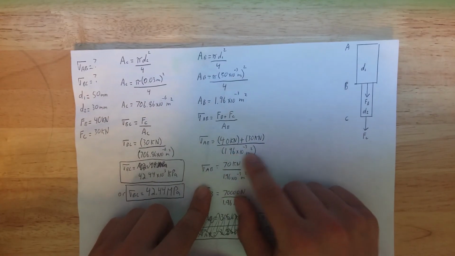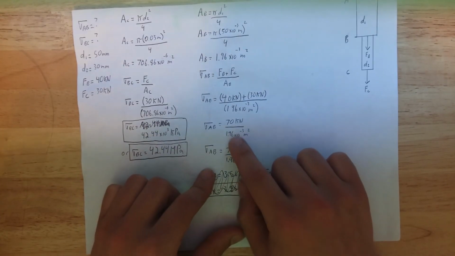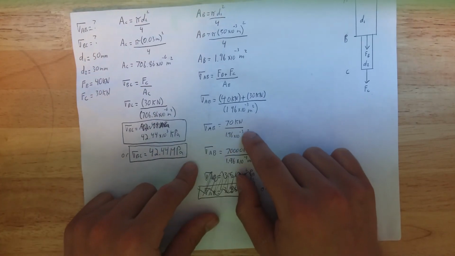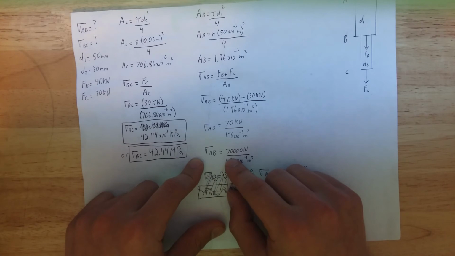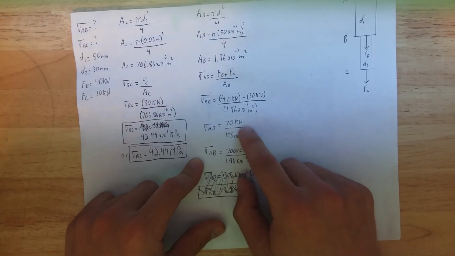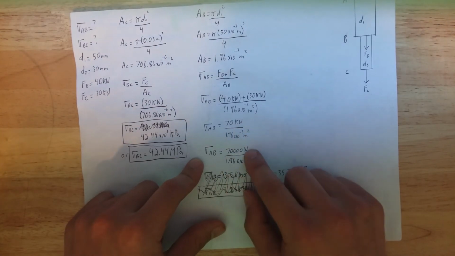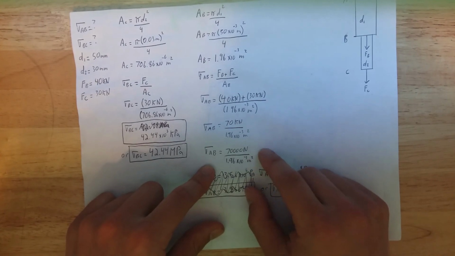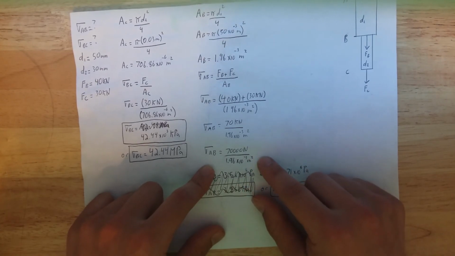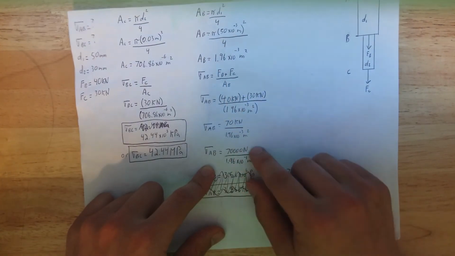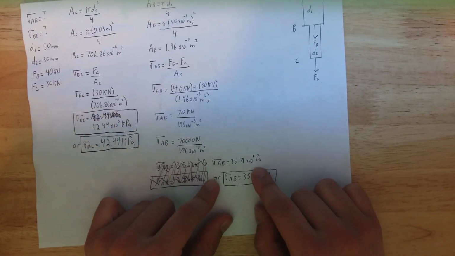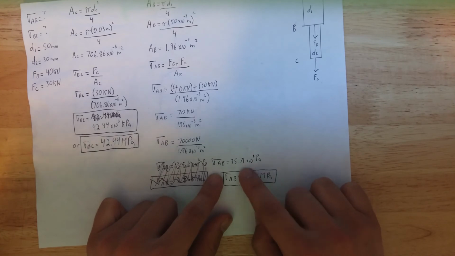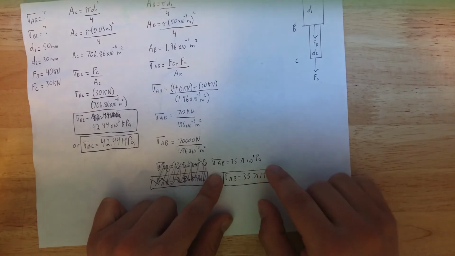I converted the 70 kilonewtons into 70,000 newtons. So I multiplied that one by 1,000, which gives me this number. You divide those two, again, same formula here, will then spit out this number here. So 35.71 times 10 to the power of 6 pascals.